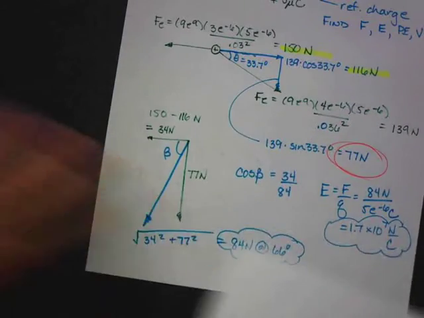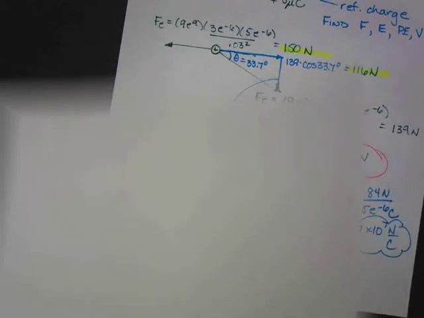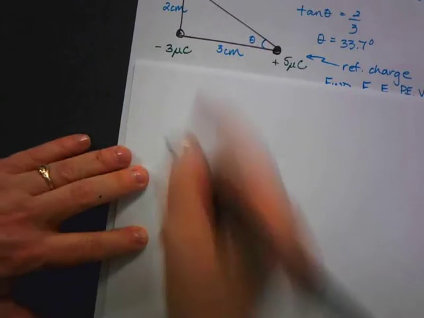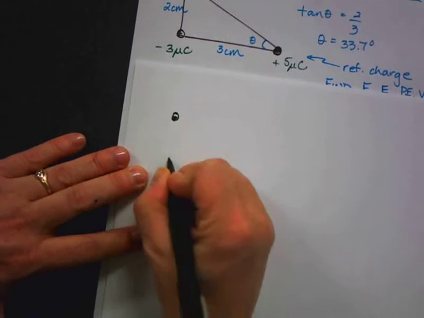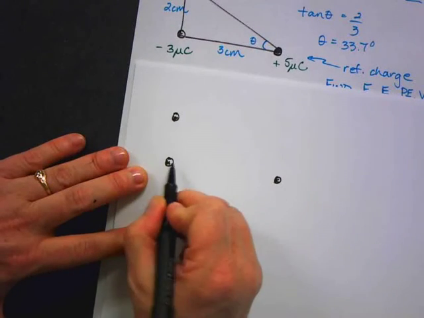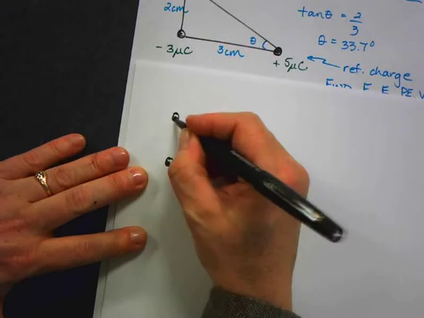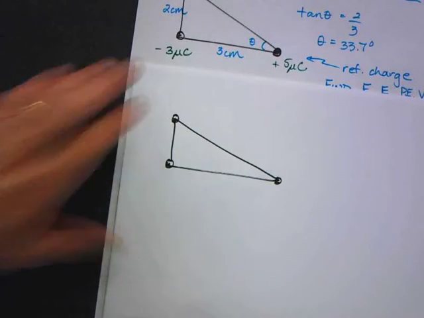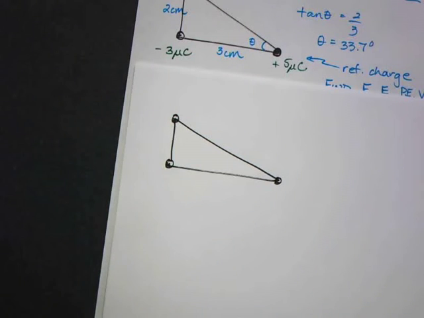So I'm going to draw this again. And you'll need probably a full, if not more than one full piece of paper to solve these problems. So I'm going to draw this again.